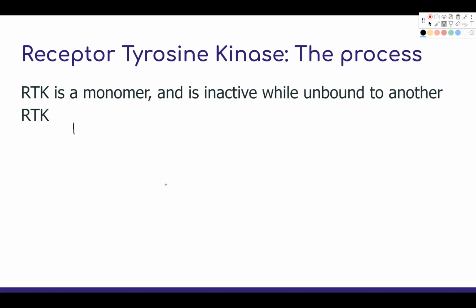We've got our little binding site, and we've got 3 tyrosines. This is a receptor tyrosine kinase. It's going to resemble receptor tyrosine kinases for us today. This is our inactive monomer.